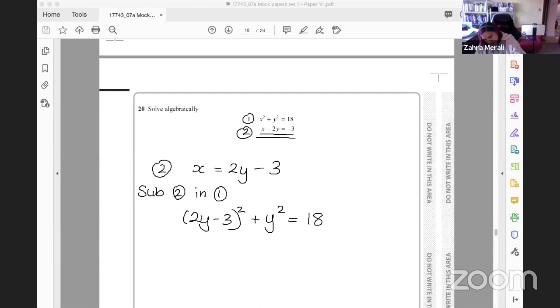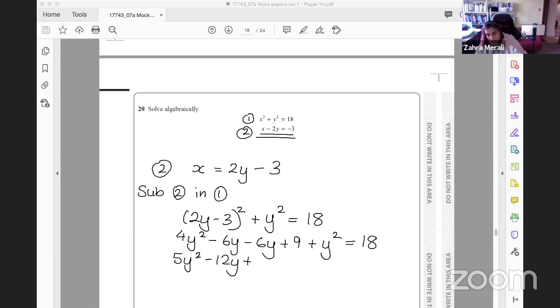That's going to give you 4y squared minus 6y minus 6y plus 9 plus y squared equals 18. So that's 5y squared minus 12y plus 9, so minus 9 because you bring the 18 over from the other side, equals 0.